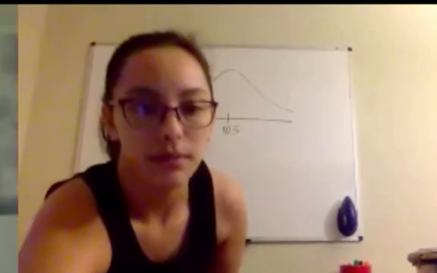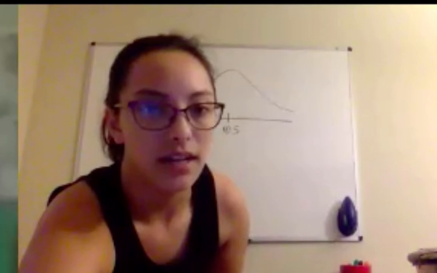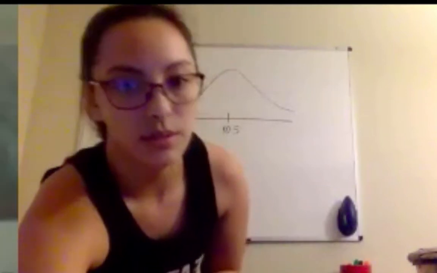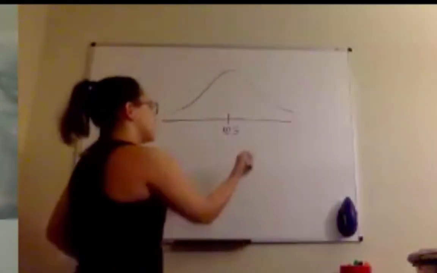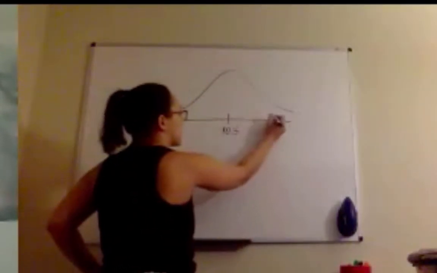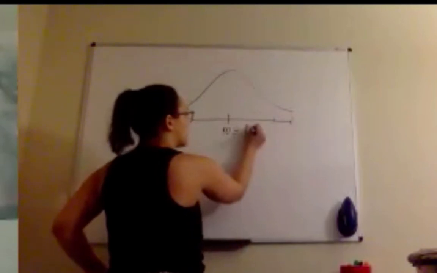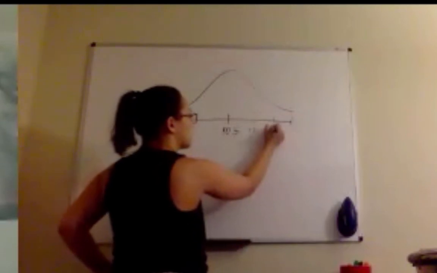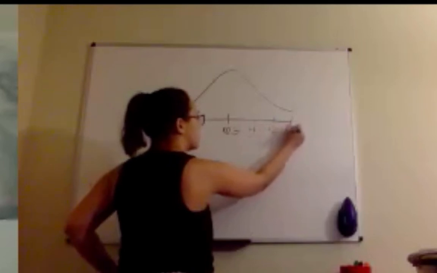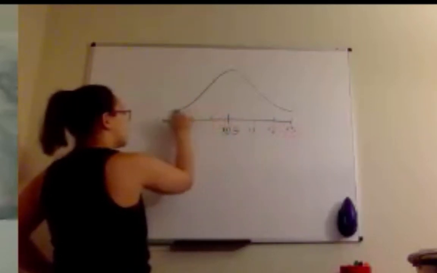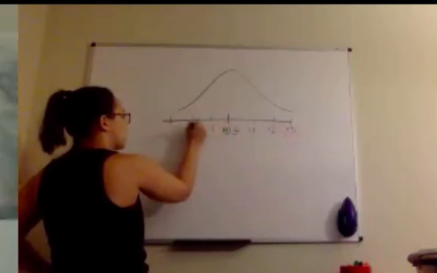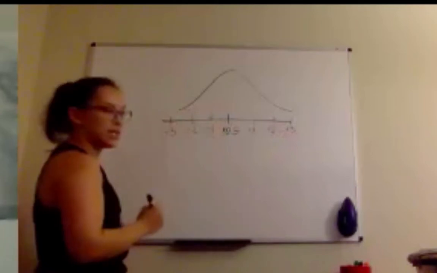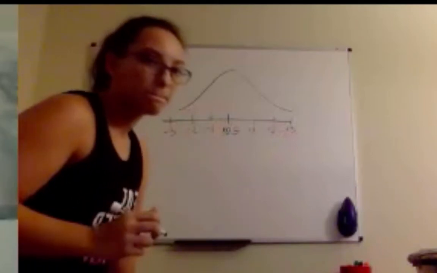Okay, so our mean is 10.5, and our standard deviation is 0.987, right? So we could label this in the sense that we're adding 0.987 each time, or we can refer to it as +1 standard deviations, +2, +3, and -1, -2, -3 standard deviations, okay?